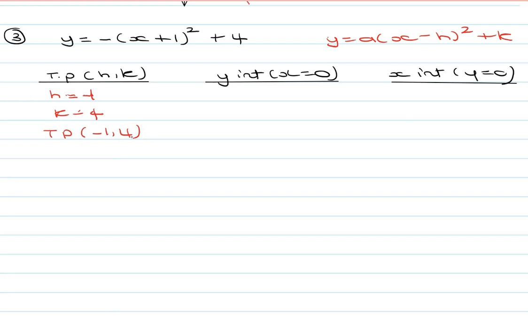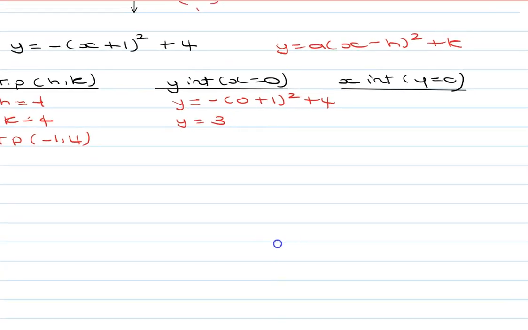Now, the y-intercept occurs when x equals 0, so we'll show the working for that by substituting in x equals 0 into our equation. So we've got minus 0 plus 1 all squared plus 4. So working that out, we've got 1 squared is 1, and that becomes minus 1, plus 4, we get the y-intercept to be 3.